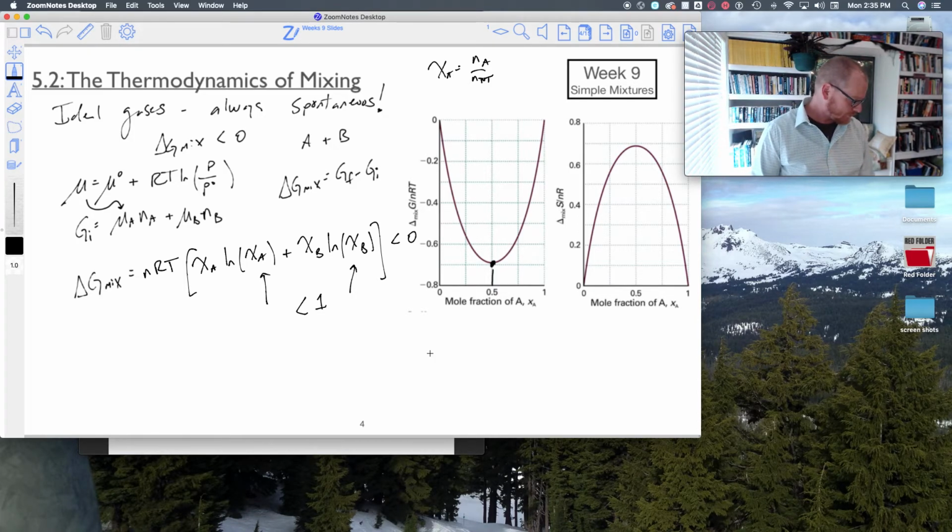Okay. So we also recall from our thermo square and our Maxwell relations that the partial of Gibbs free energy with respect to temperature at constant pressure, and then now I'm going to tack in that number of moles, okay, is negative entropy. So from this relationship, I can quickly come up with delta S of mixing gases, right?